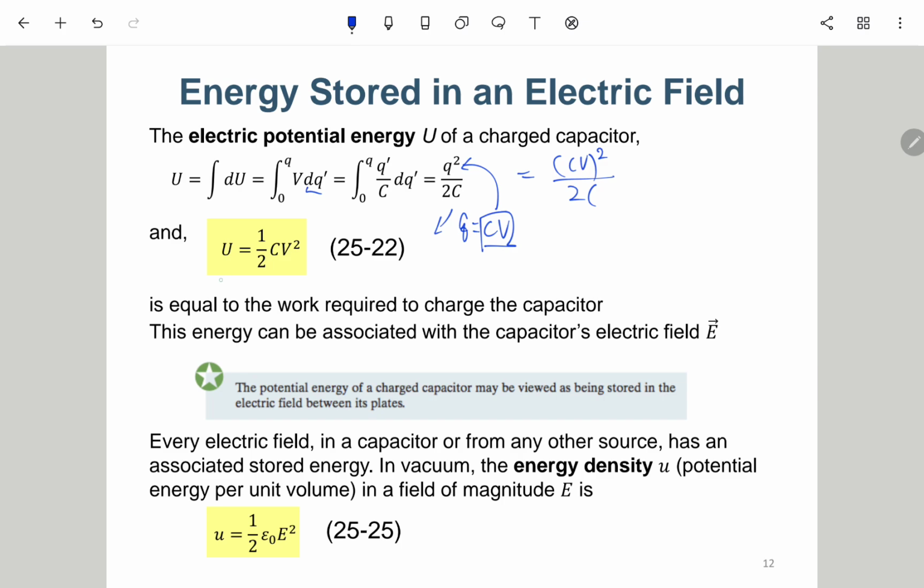Actually, I usually use this one rather than Q square over C. From a circuit point of view, we seldom consider the charge; we consider the current or the voltage or something like that. So U equals 1/2 CV square can be used more frequently.